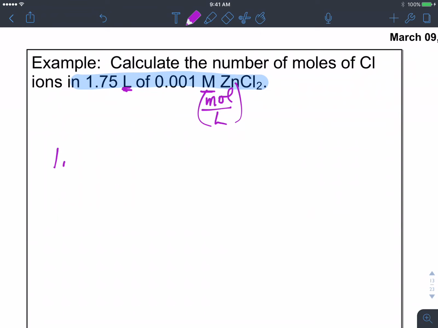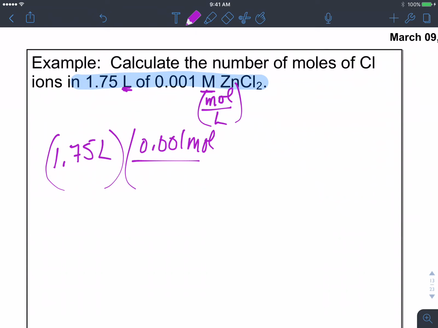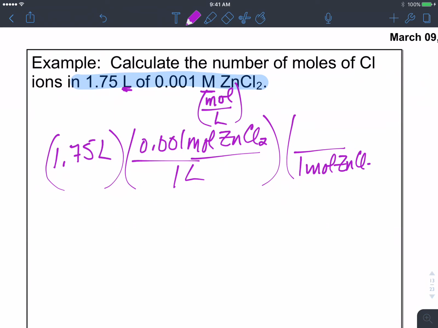So we're going to start with the 1.75 liters. We're going to then use the fact that there's 0.001 moles of zinc chloride in 1 liter. And then we're going to use the fact that in 1 mole of zinc chloride, there are 2 moles of chlorine ions.